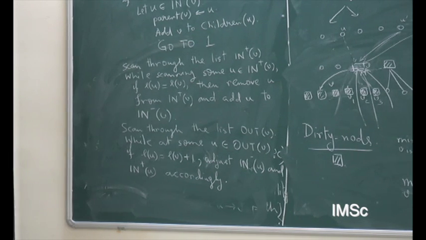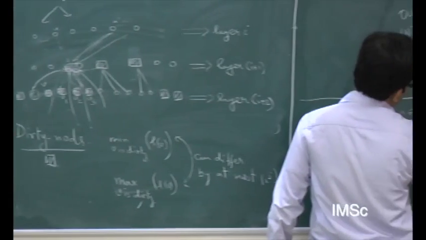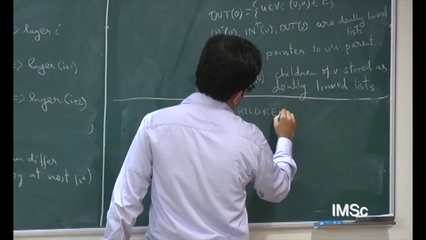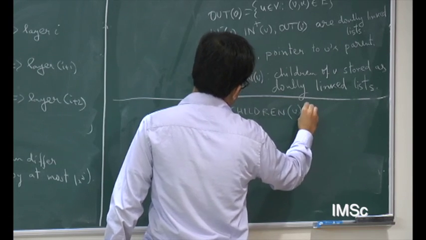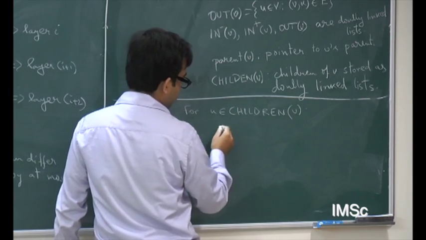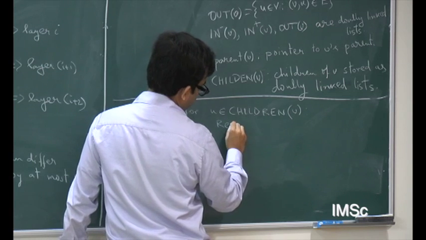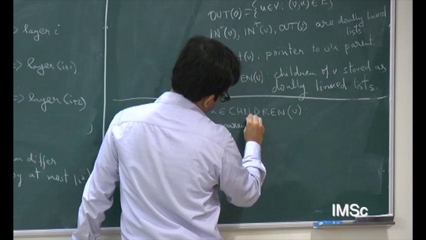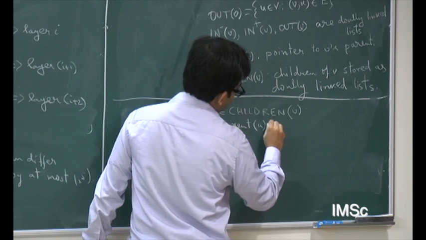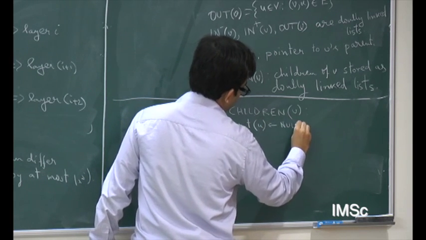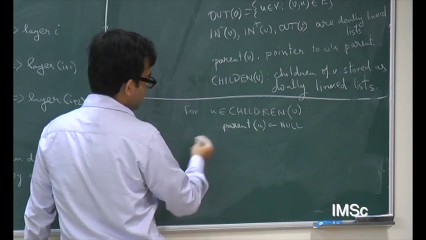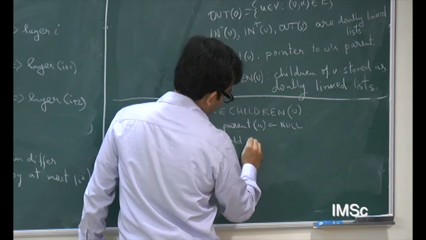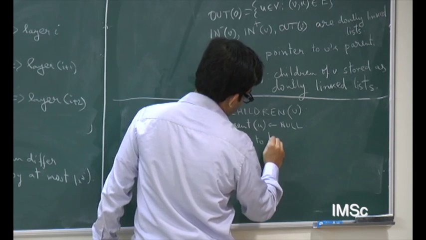You go through children. I mean, you need to go through the children's list. You go through this. So what you do? Parent of u now becomes null, and then add u to the end of the dirty list.